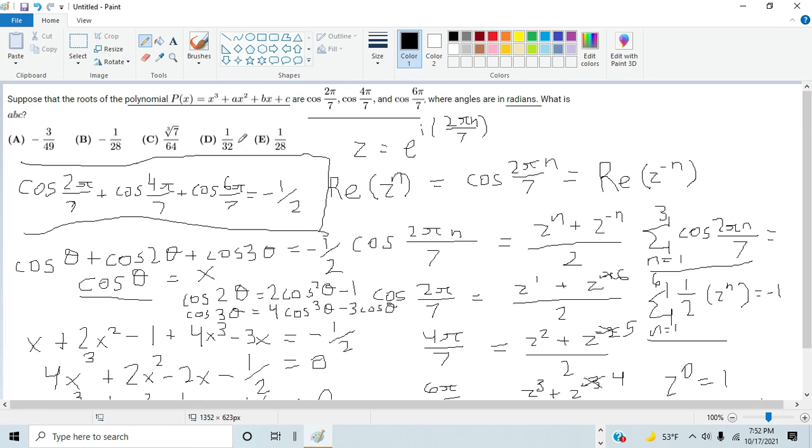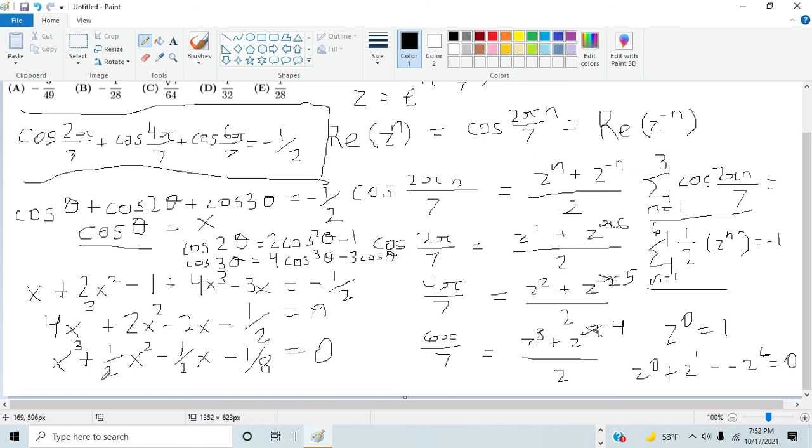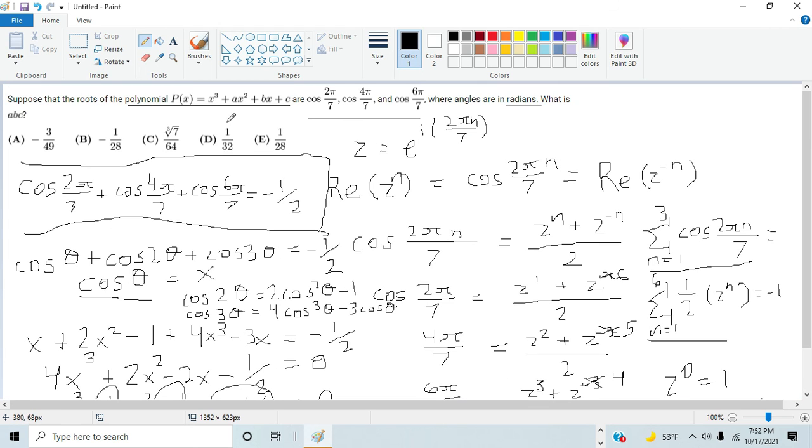So instead of doing any creative Vieta's things, we can just take the coefficients as they are and multiply them together. So we have coefficients of 1 half, negative 1 half, and negative 1/8. So 1 half times negative 1 half times negative 1/8 will just give us 1 over 32, which is our answer choice D.